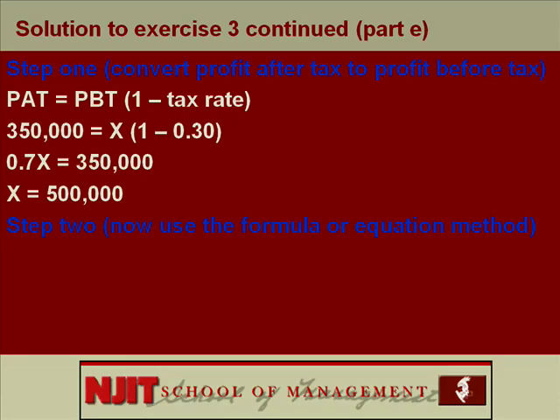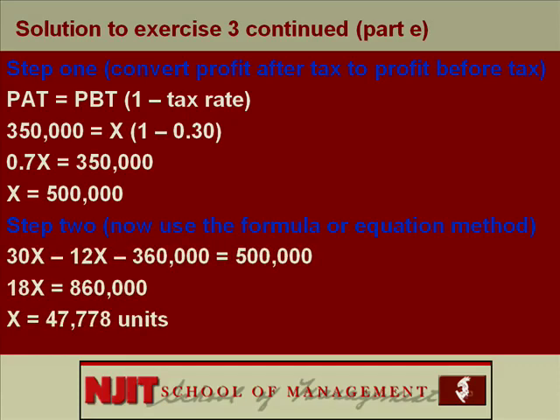So let's go to step 2 and let me use the equation method. Sales minus variable cost minus fixed cost is profit. So 30x minus 12x minus 360 equals 500,000. So 18x is 860, so x is around 47,778 units.